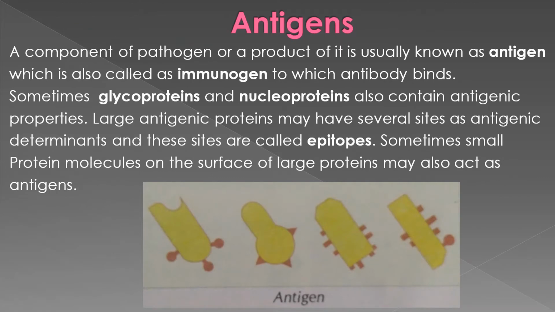A compound or a pathogen or a product of it is usually known as an antigen. So what is an antigen? It is a component of a pathogen or a product of it. It is also called an immunogen, to which the antibody binds.